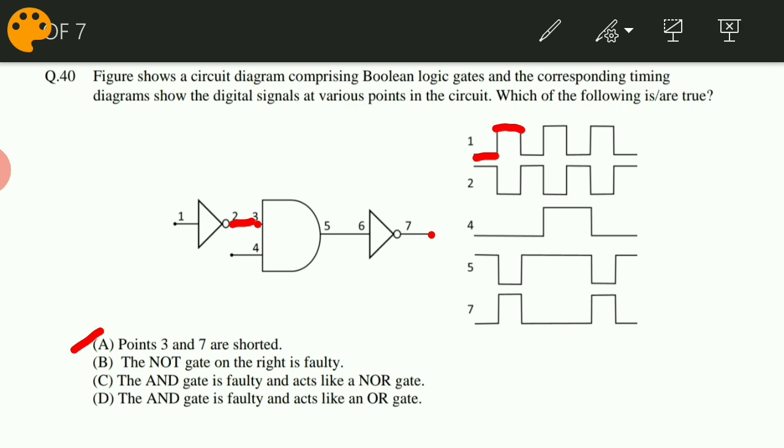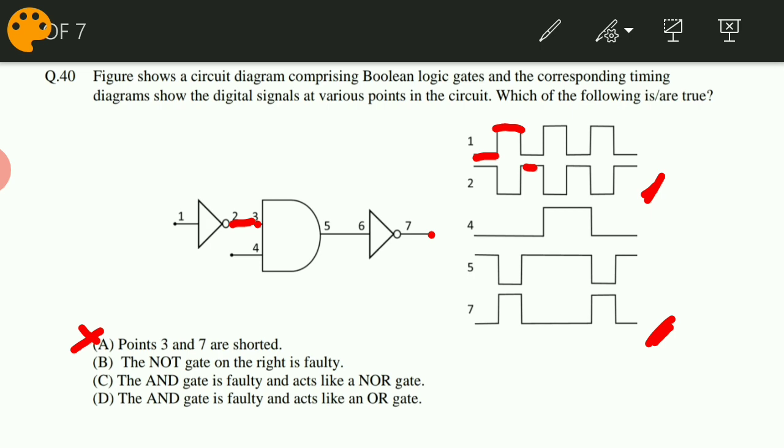If we look at the signal at point 2 and the signal at point 7, are they the same? They are not the same because they have very different voltages during different times. So we can conclude that points 3 and 7 are not shorted because they don't have the same voltage at all times.